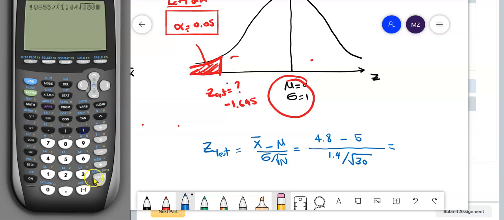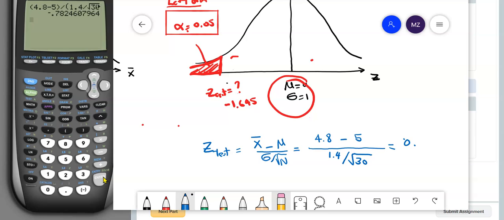Close the parentheses, and that's going to be negative 0.782. If I plug it in here, this is going to be somewhere here. So this is the z test, and it is equal to negative 0.782.